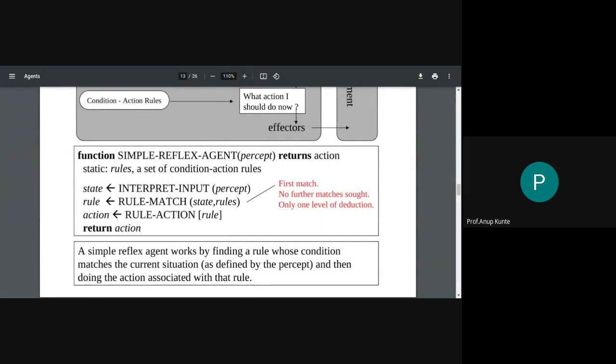So using the current state of the world and the rules, I try to match a corresponding rule of action. So what is this rule? A rule is a data structure which is an index used in the rule action table. The rule action table defines that if this particular rule applies, then this action should be done. And this is how our reflexes are defined.